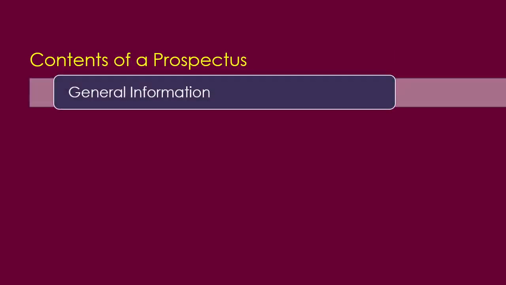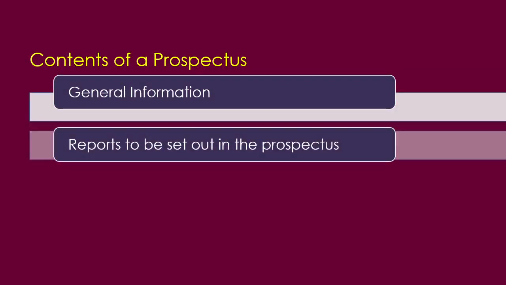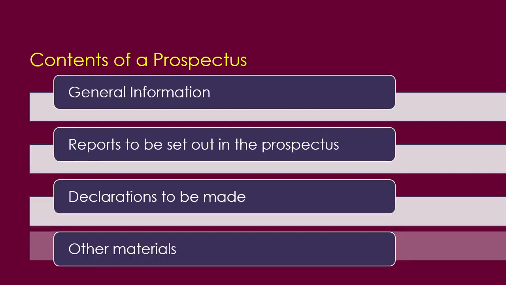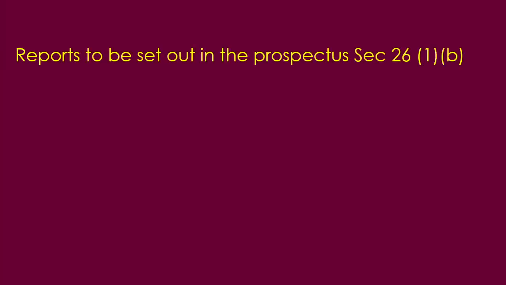And contents of prospectus. We have seen the first one, general information. Let me start with the second one, reports to be set out in the prospectus. Under section 26(1)(b), along with the general information, they should add some reports.